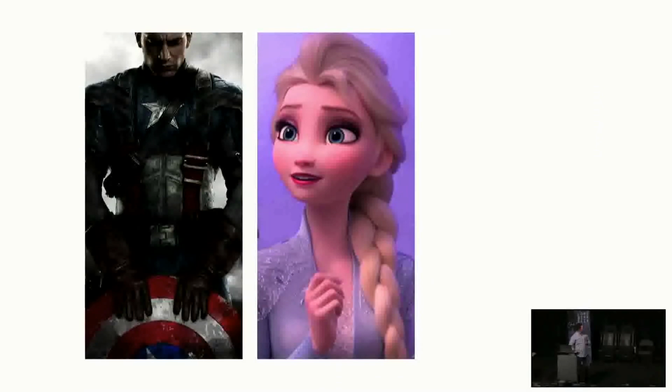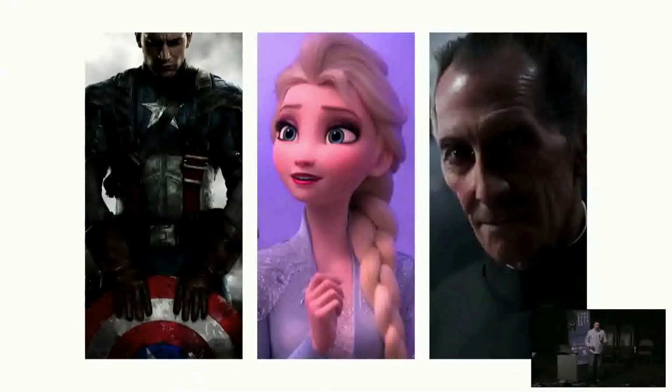From the superhero movies that we all love and the special effects we see in those, to the animated classics that enthrall our children, and let's be honest, some adults. And also in movies where the special effects leave a little bit to be desired.